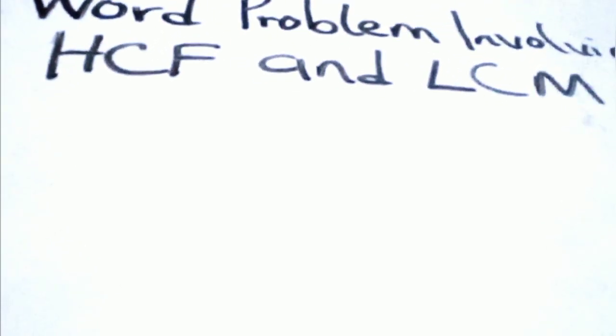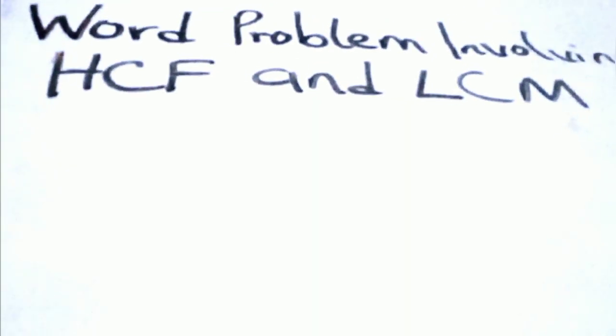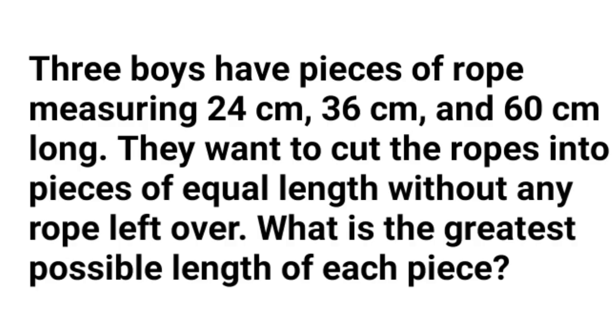So let's take the following examples to understand the topic. In the first question, 3 boys have pieces of rope measuring 24 centimeters, 36 centimeters, and 60 centimeters long. They want to cut the ropes into pieces of equal lengths without any rope left over.